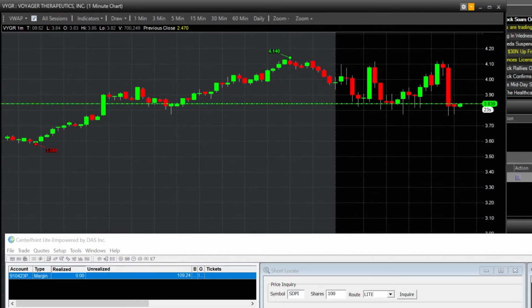And in these floats, stocks like VYGR, XENE, RCAT, percentage-wise they can create a lower range, but they trade a lot more volume. See?